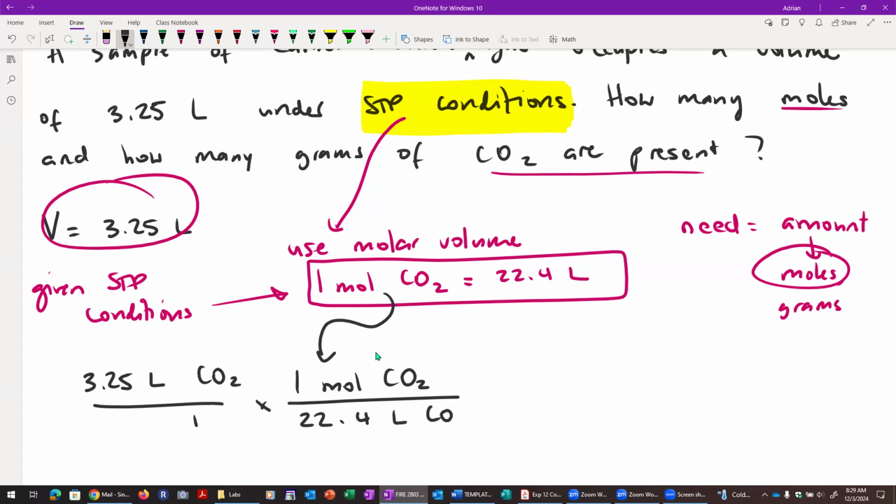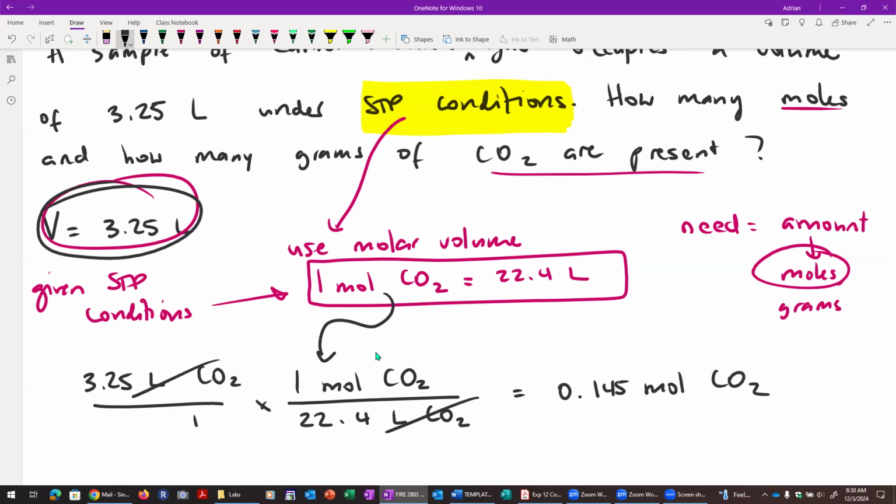Now, obviously, I don't have 22.4. I'm told that I have 3.25. So that's why we're dividing here by the molar volume. So this is going to give me 3.25 divided by 22.4. So that gives 0.145 moles of carbon dioxide.